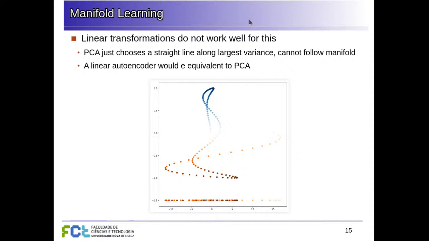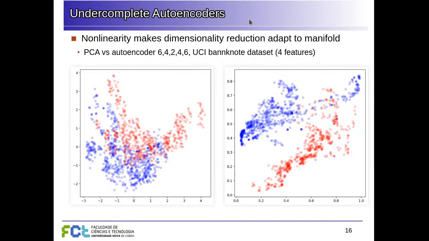Linear transformations may not be able to capture the structure of the data adequately, but if we use an autoencoder, we can create a transformation from the higher dimensional input data into a lower dimensional representation with an undercomplete autoencoder that better captures the way the data is distributed in that lower dimensional manifold.